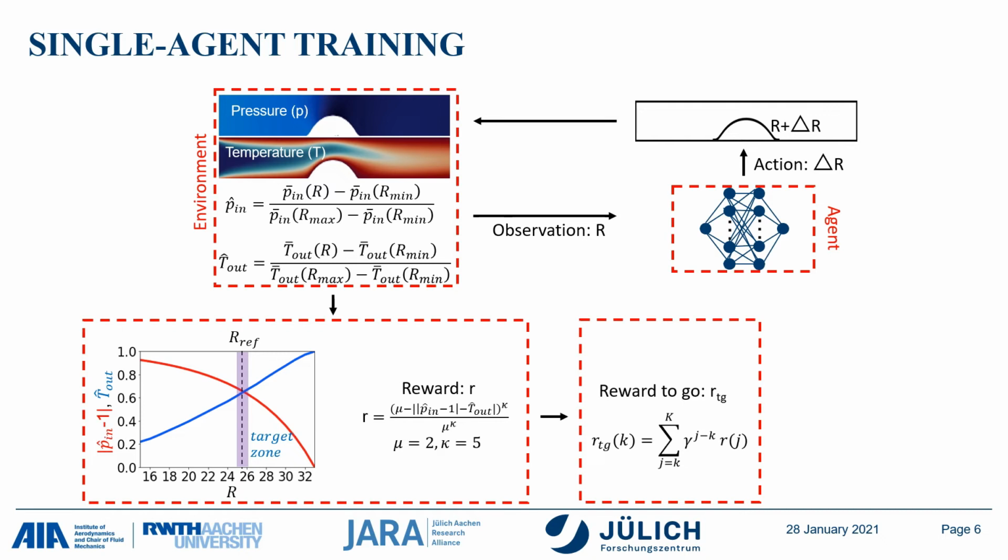For the action performed by the agent, it receives a reward. This reward depends on whether the agent was able to meet the reference radius or at least enter the target zone as depicted. The reward is scaled by a factor of 5 for better learning of the agent. The future rewards are computed as the rewards-to-go, including the discount factor, which accounts for the penalty for the uncertainty of the future rewards.